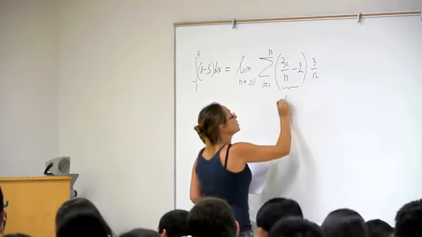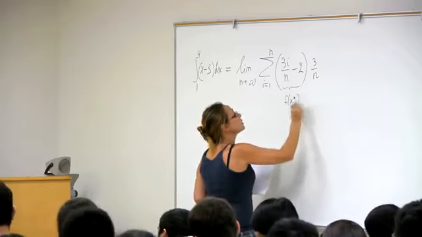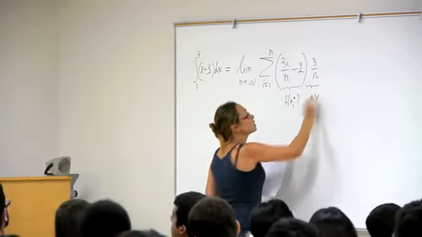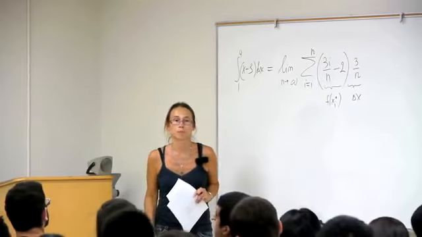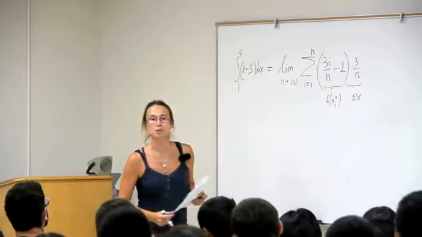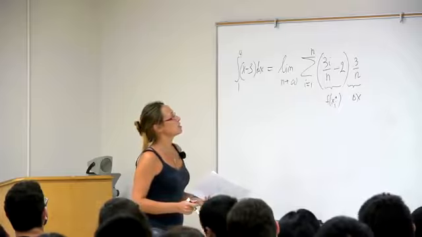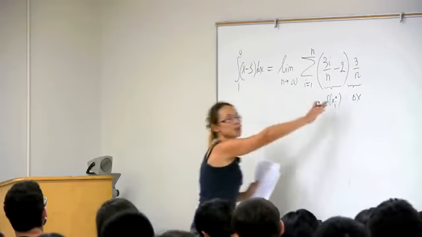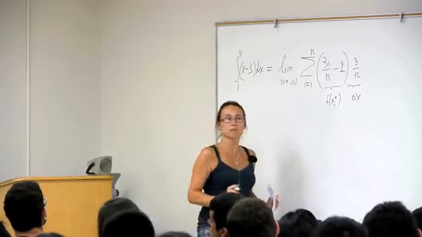So again, this is f of xi star, and this is delta x. Now I have concrete numbers and the formulas, and I have to evaluate first the sum and then the limit.